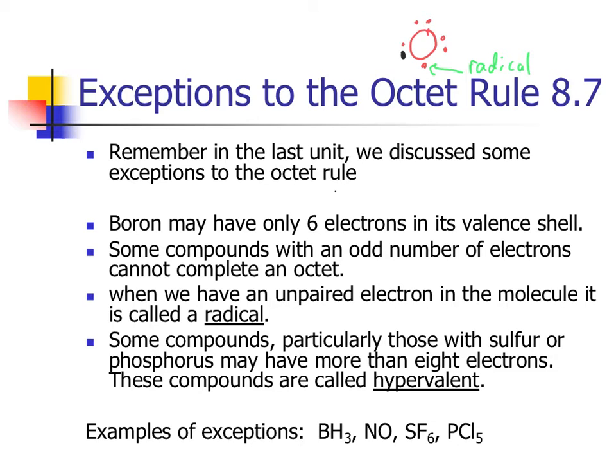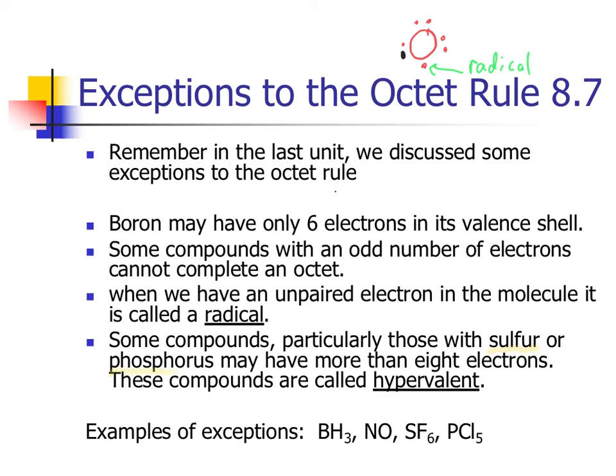And then every now and then, and that's usually what it comes down to, there are things that can expand beyond the octet rule. Things that can expand beyond the octet rule are known to go hypervalent.